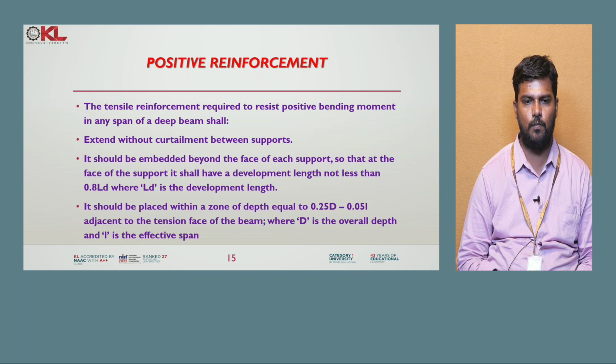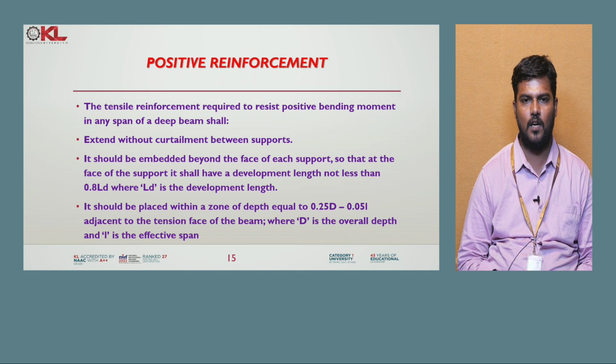Next, it should be embedded beyond the face of each support, so that at the face of the support it shall have a development length not less than 0.8 LD, where LD is the development length. It should be placed within a zone of depth equal to 0.25 D to 0.05 L adjacent to the tension face of the beam, where D is the overall depth and L is the effective span.